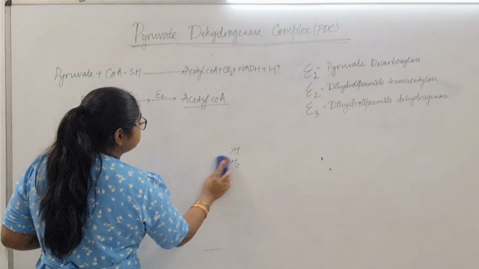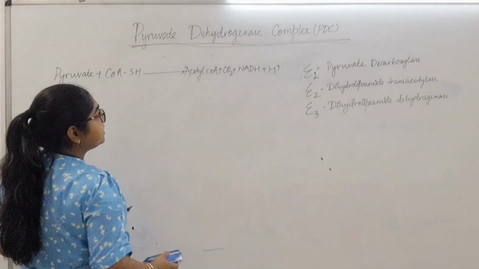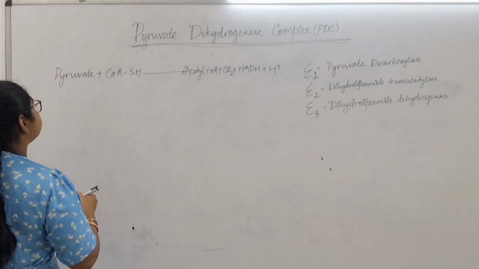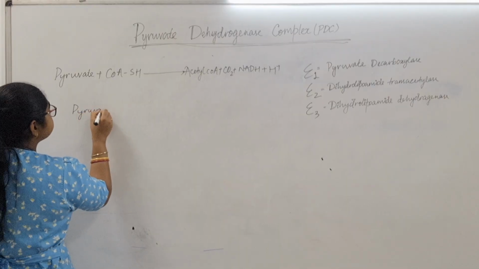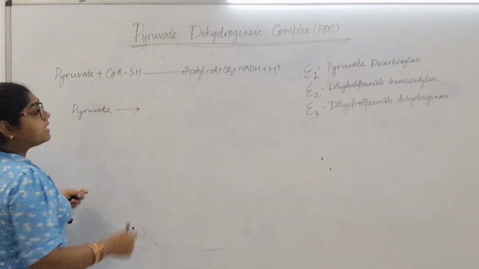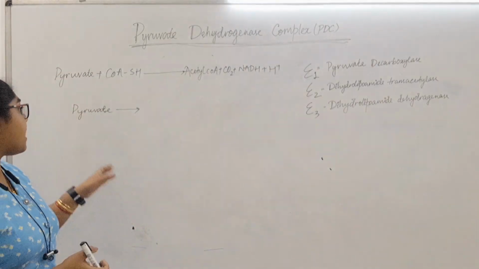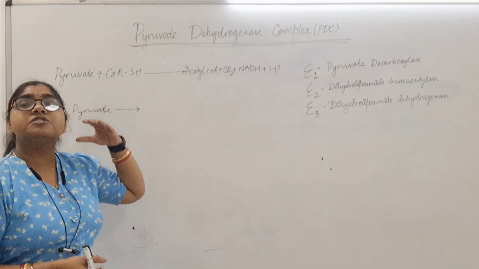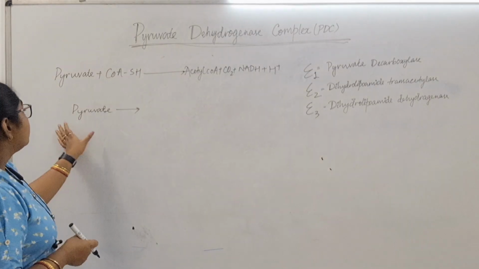To generate acetyl coenzyme A, the pyruvate dehydrogenase complex first converts the pyruvate to an immobilized active acetaldehyde. That means it's not stable. It's not a very stable product.